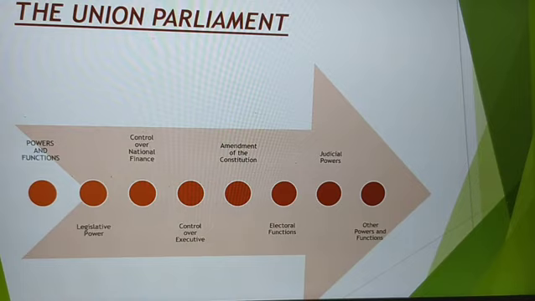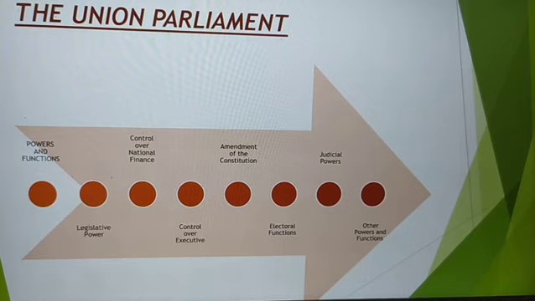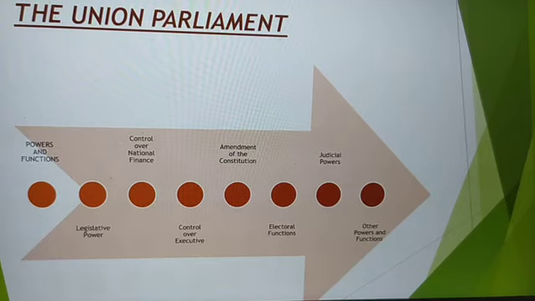So basically both the houses of Parliament have exclusive powers to make laws with respect to matters in the Union list, and they share the power of making laws in the concurrent list with the state. However, in the concurrent list, whenever there is a tussle between the state and the center as to whose law will prevail, it's the law made by the central government that will prevail.